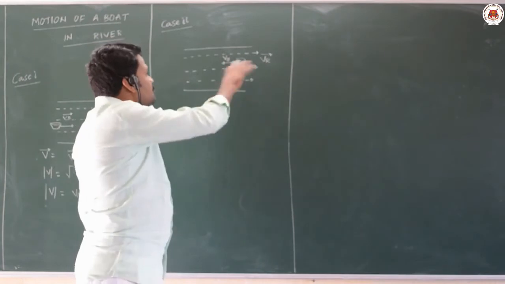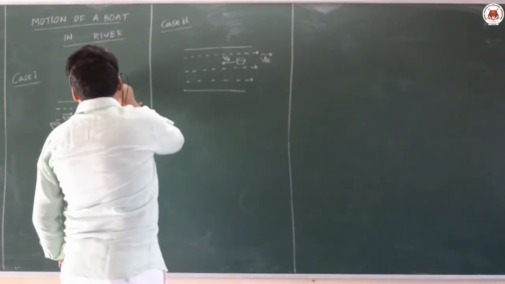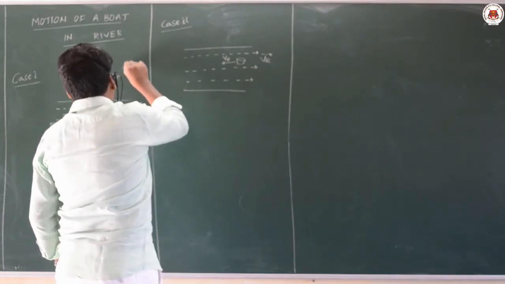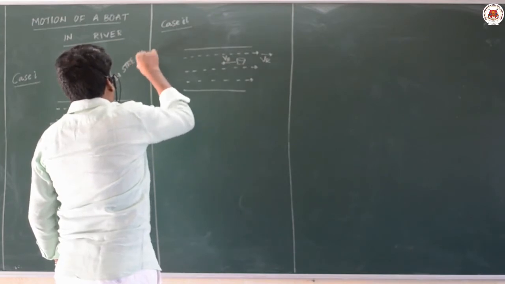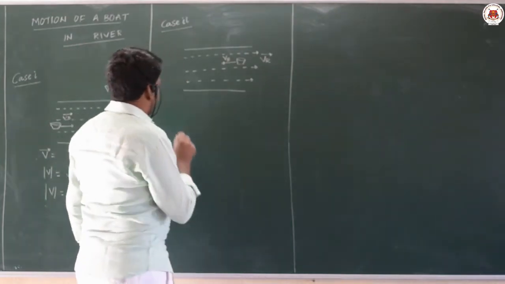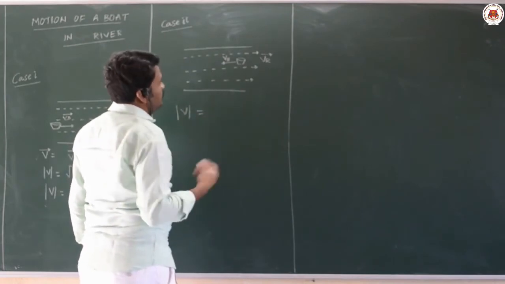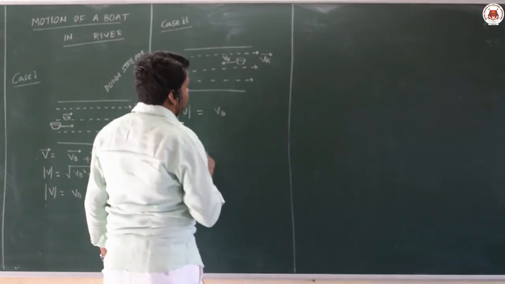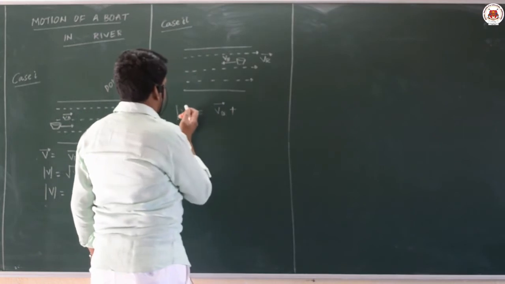This is called upstream, and the other is called downstream. So, upstream, resultant velocity is equal to, again you have to add two vectors, velocity of boat plus velocity of river, first in vector form.